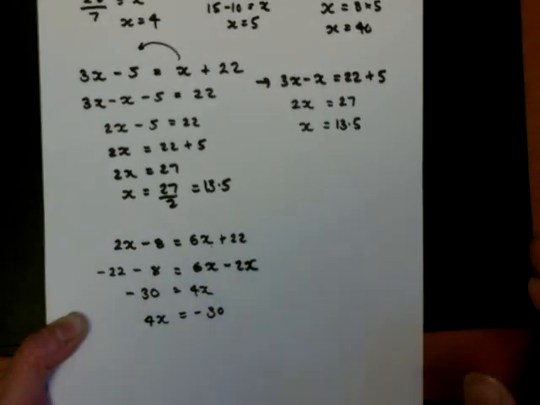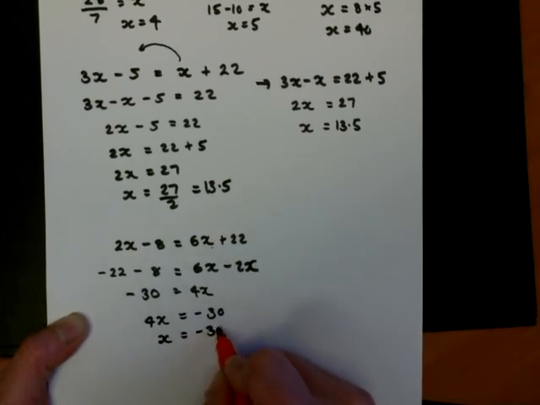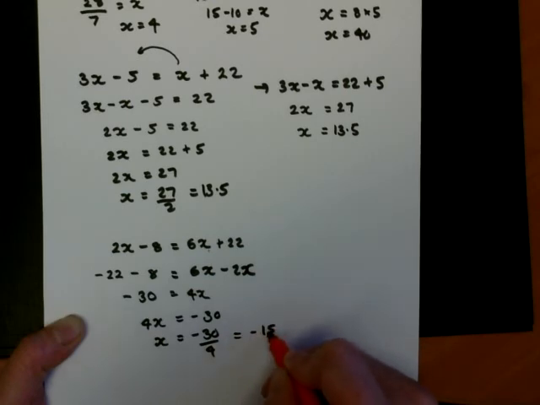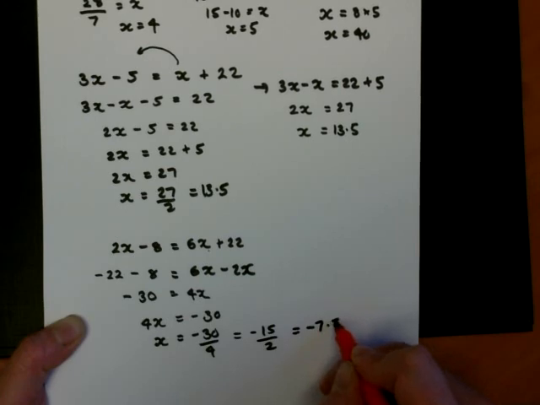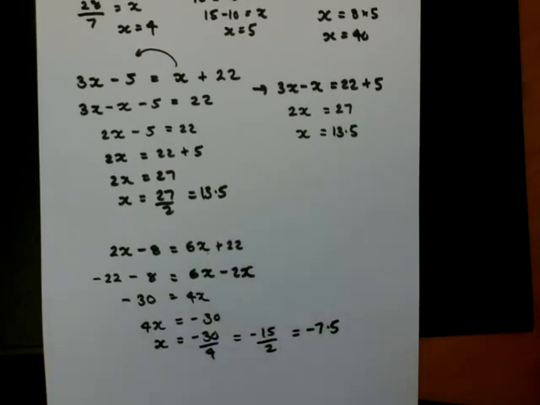So 4x equals minus 30, x will equal minus 30 divided by 4, which is minus 15 divided by 2, which is minus 7.5. So there's two examples of solving equations where the variable x is written on both sides of the equation.